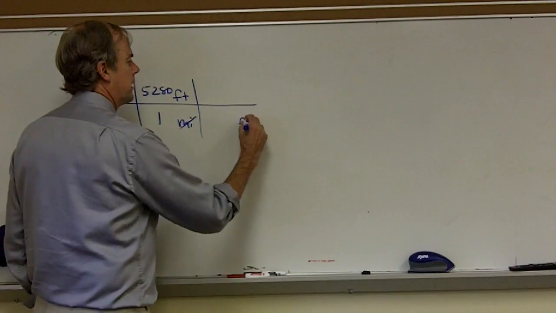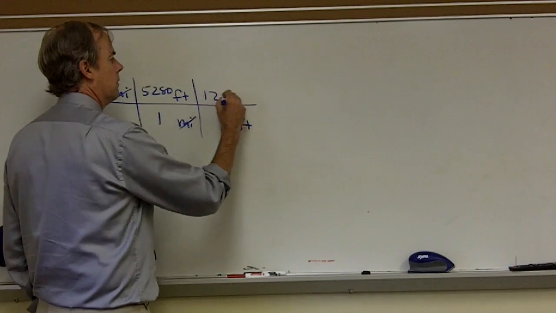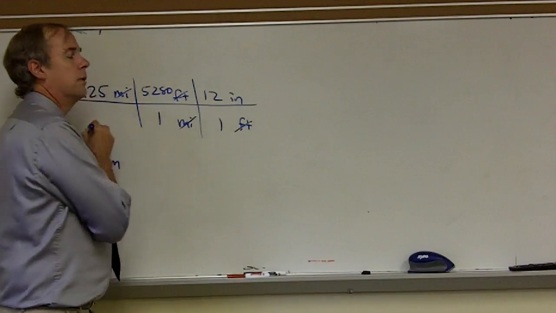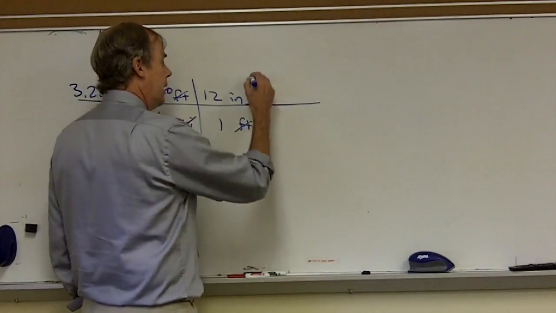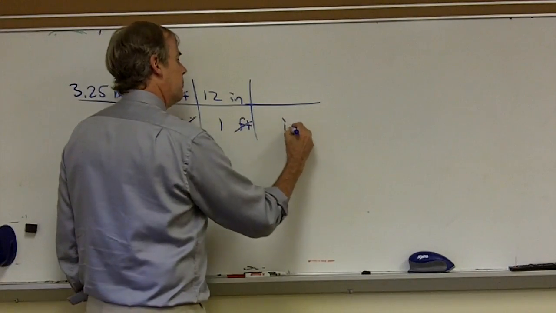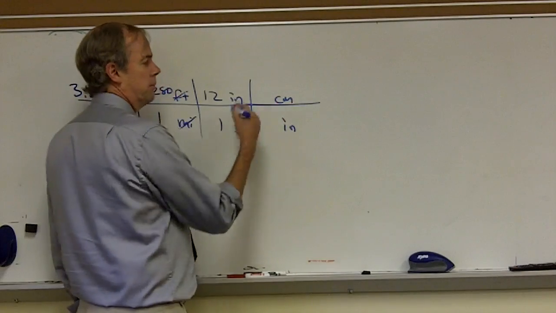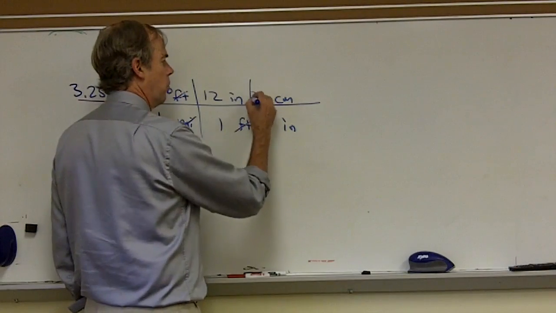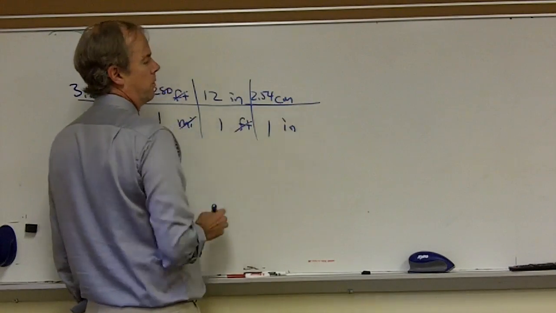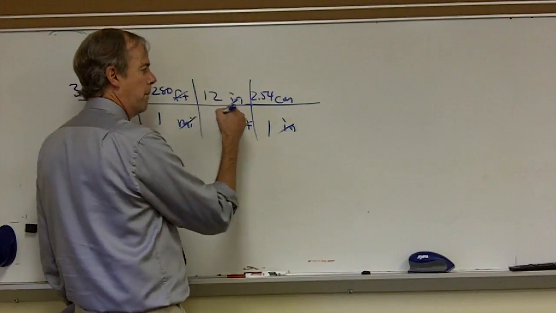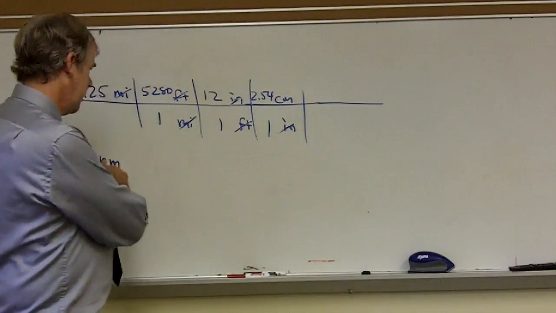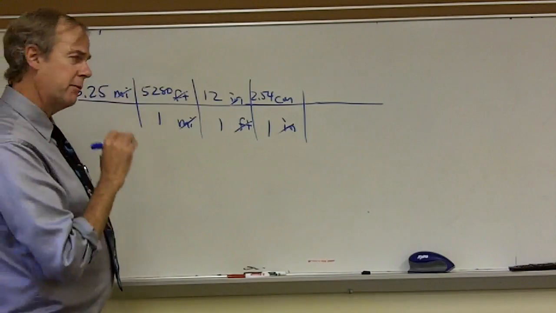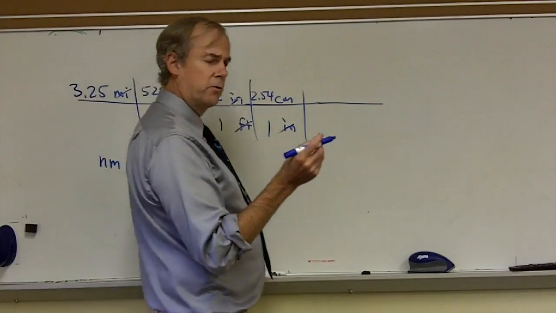Well, I've done that so I can get straight to inches. Because 1 foot is equivalent to 12 inches. Then I can make the leap because I know a relationship between centimeters and inches. 1 inch equals 2.54 centimeters. Boom, boom. And then, because nanometers is a prefixed unit and I have a prefixed unit, I'm going to take 2 steps.